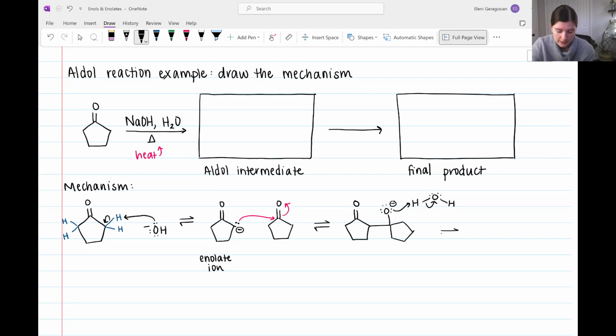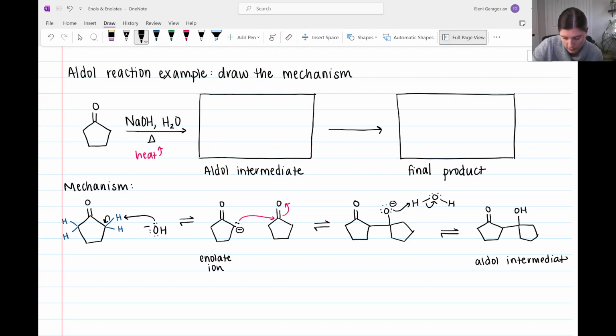So this last step is that proton transfer. To neutralize charges, we have ketone, we have an alcohol, and so this is the aldol intermediate. So first couple of steps form this aldol intermediate.